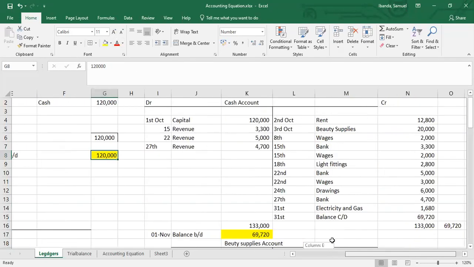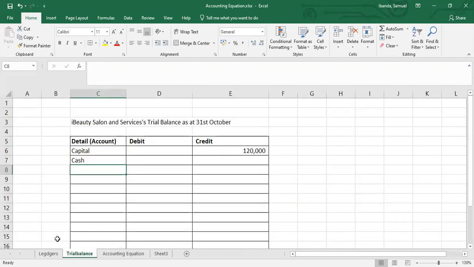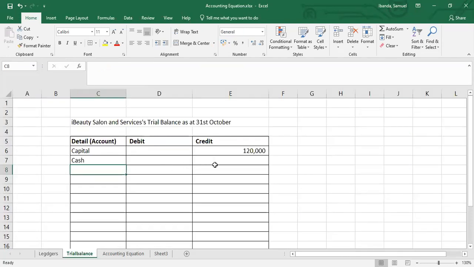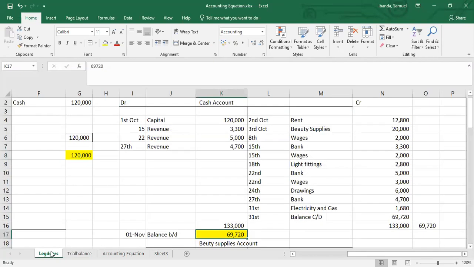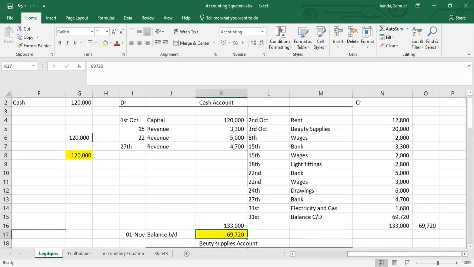So I'll pick this, and it's what I'll take to my trial balance. And remember, this is on the debit side. So in my trial balance, I'll include it here. It is 69,720, like that. So that is how I'll have it right there.